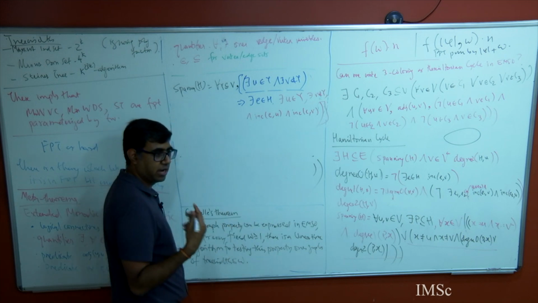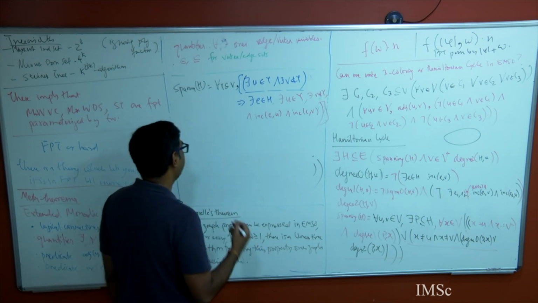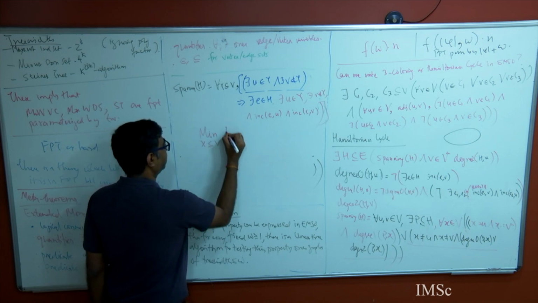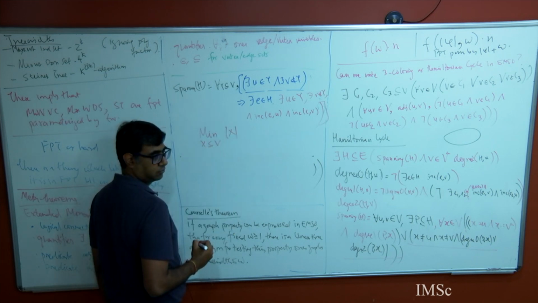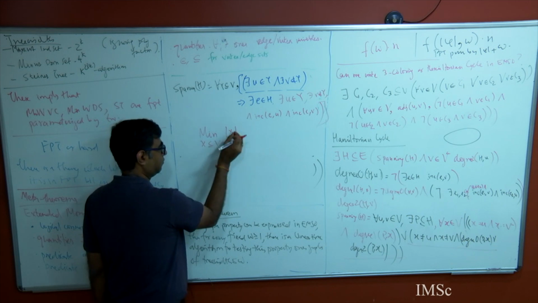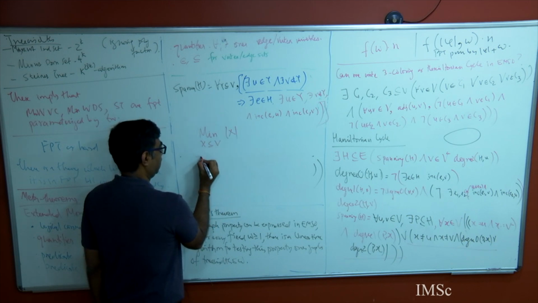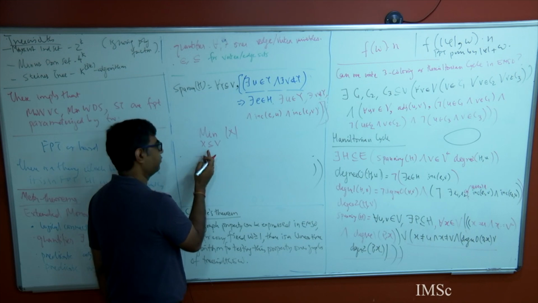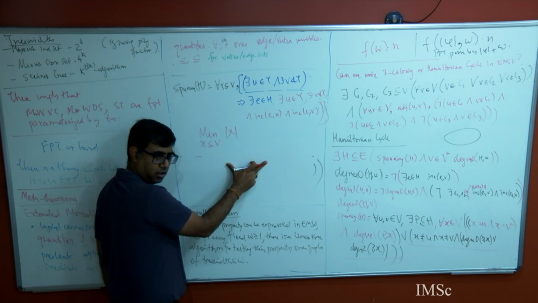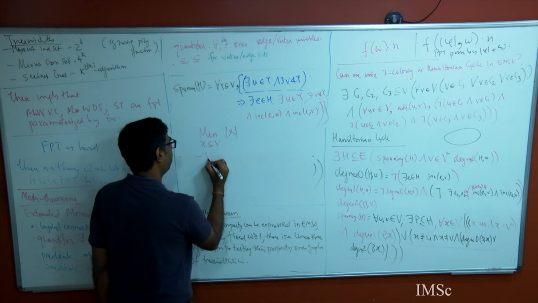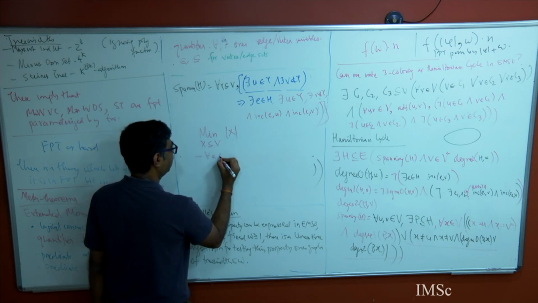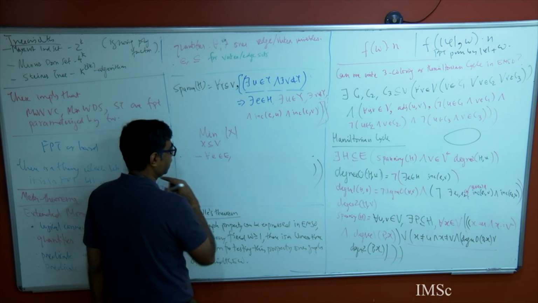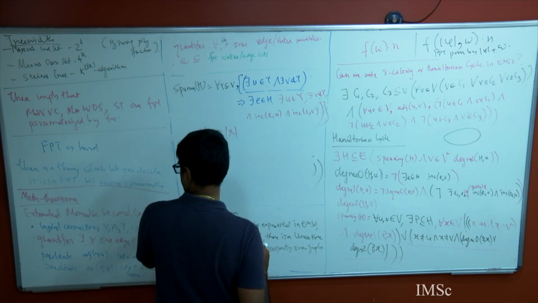If I wanted to write minimum vertex cover, I can say minimize |X| over X subset of V. Now all I want to check is whether X is a vertex cover or not. But this I can test by writing a single formula. What is that? For all edges E in E, what should I say?